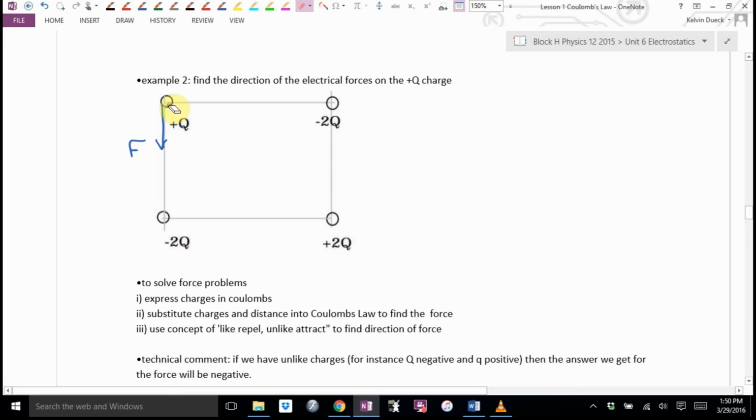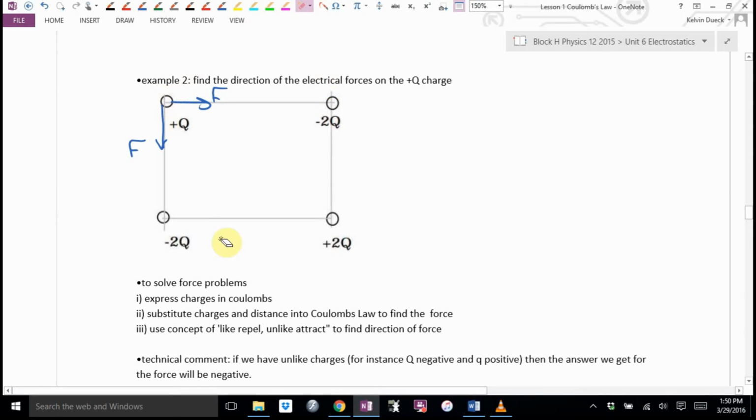So is it pulling Q to the right or pushing Q to the left? Ignore these 2, only look at this one. Is it pulling Q towards it or repelling Q away from it? Repelling up and away?